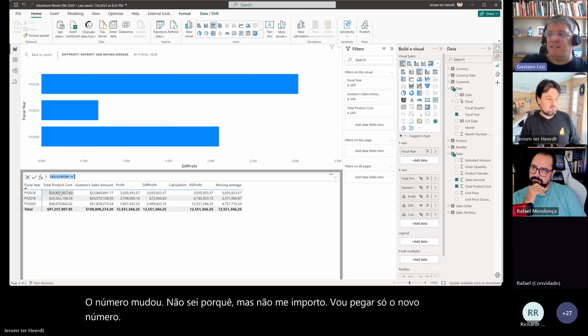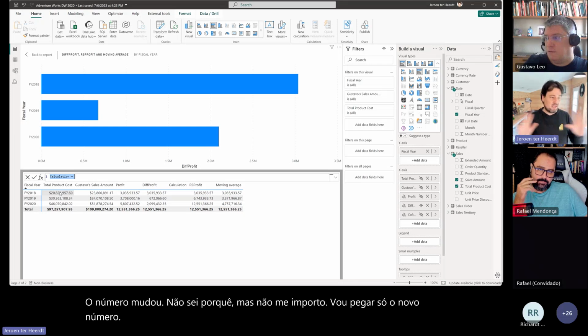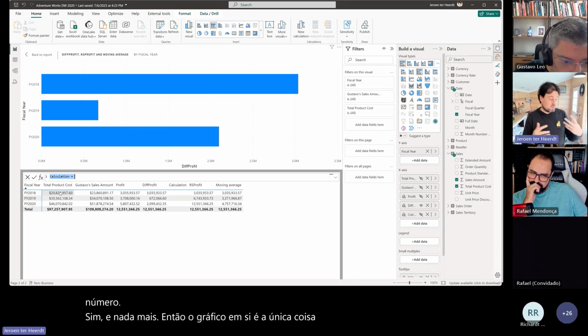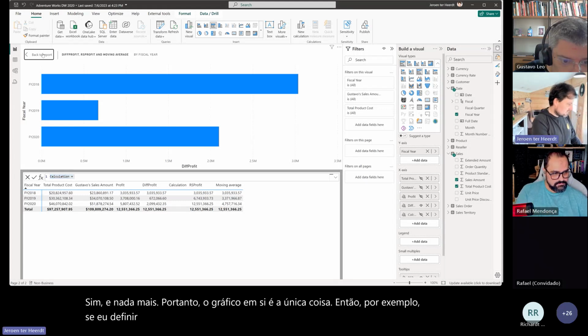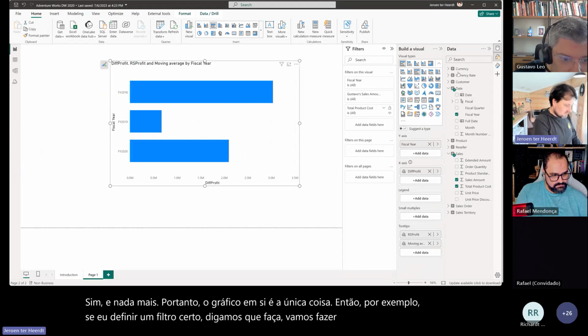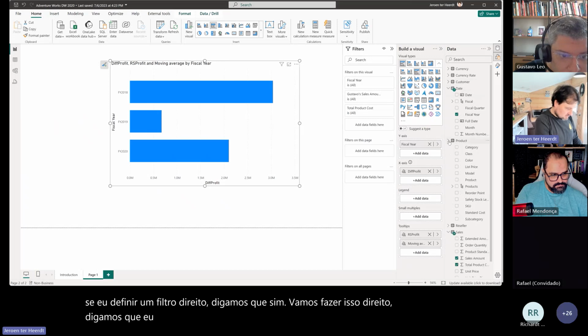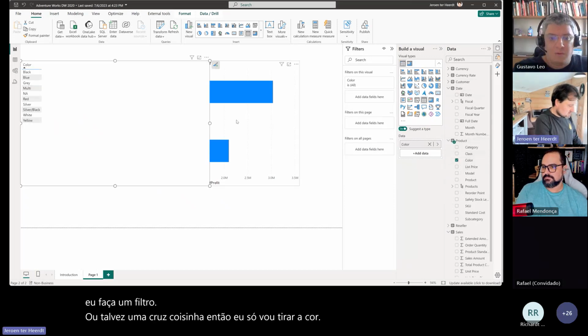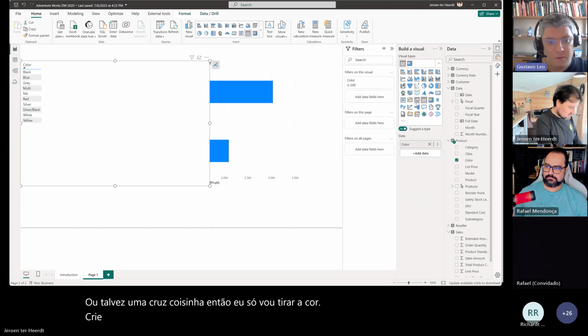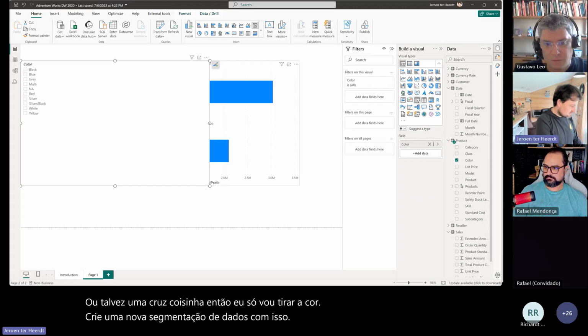Yeah, the context is the graph itself. Yes. And nothing else. So the graph itself is the only thing it knows. So, for example, if I set a filter, right? Let's say I do a filter, or maybe a cross-filter. So I'm just going to take the color and build a new slicer with that. Okay, great.